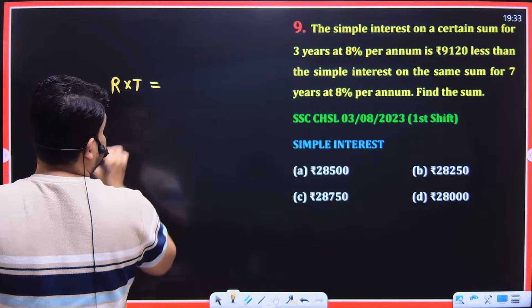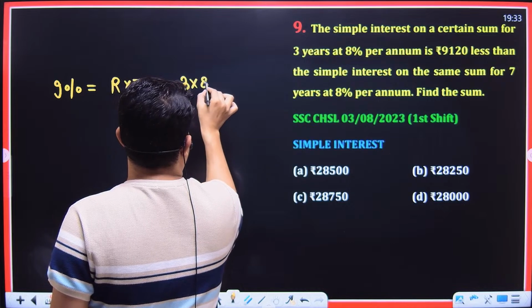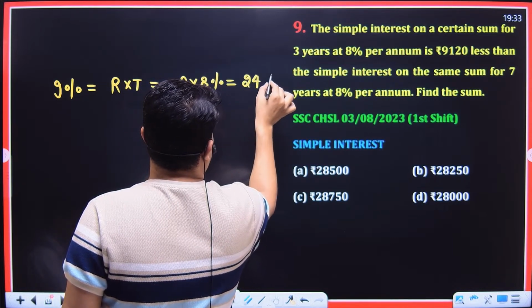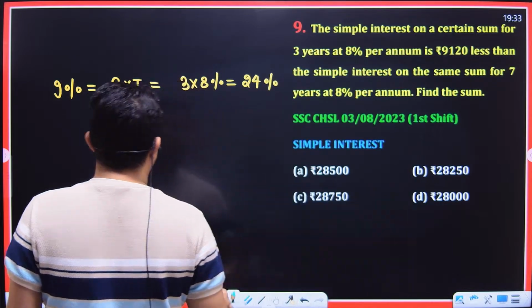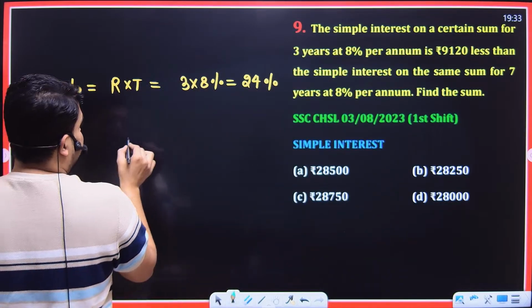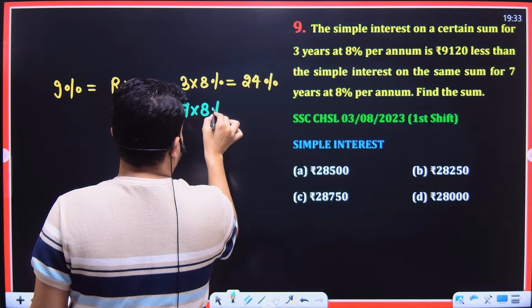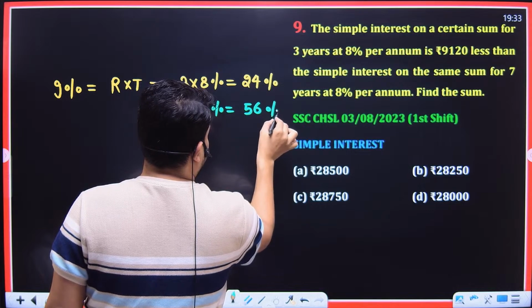In the first case, we have 3 years and 8% rate of interest. It means we have 24% rate of interest. In the second case, we have 7 years and the rate of interest is 8, so 56% is my rate of interest.